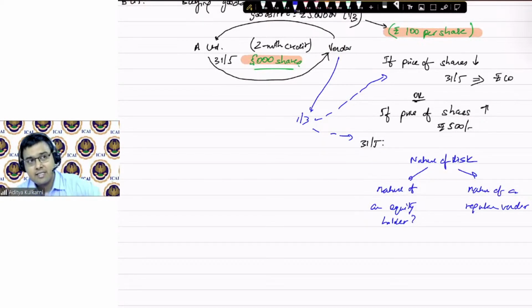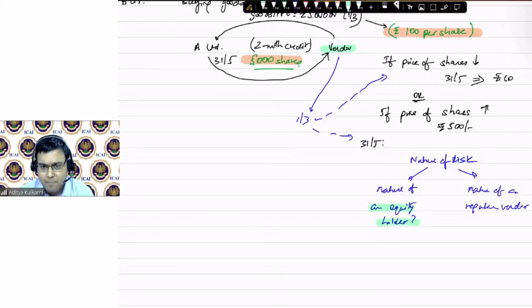The risk is in the fluctuation of the prices. And if the risk is in the fluctuation of the prices, can I say that the obligation which is being settled by issue of equity shares is making the vendor not a vendor but an equity holder?